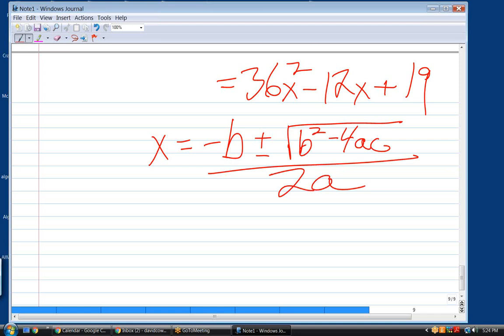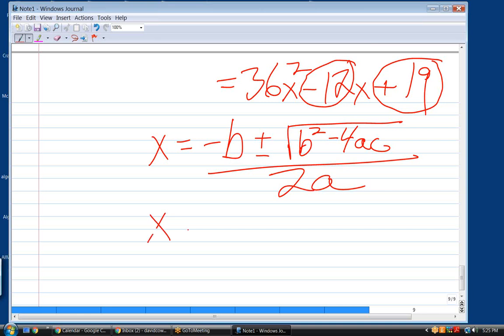Well, in our problem, what's a, b, and c? A is what? A is 36. 36, correct. B is what? Minus 12. That's right. Not because it's minus b, but b is minus 12. And c is plus 19. In other words, you have to include the sign when you're figuring out what these are.